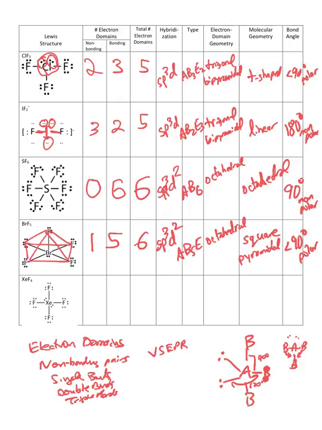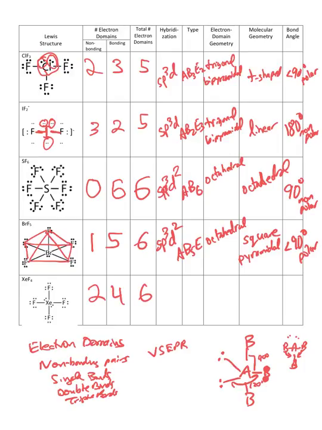Our last example, xenon tetrafluoride. We look at the xenon in the center, the central atom. It's got 2 non-bonding pairs of electrons, each worth 1 electron domain. It's made 4 single bonds, each worth an electron domain.